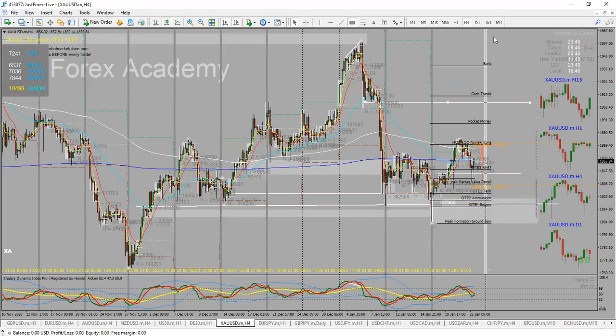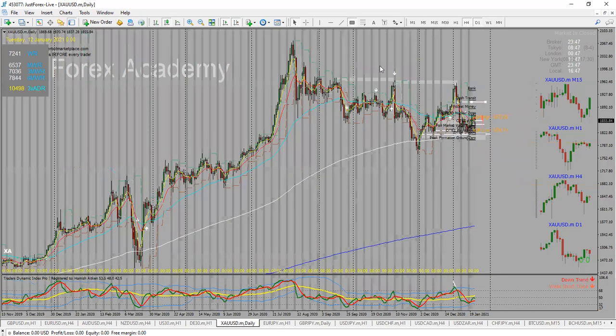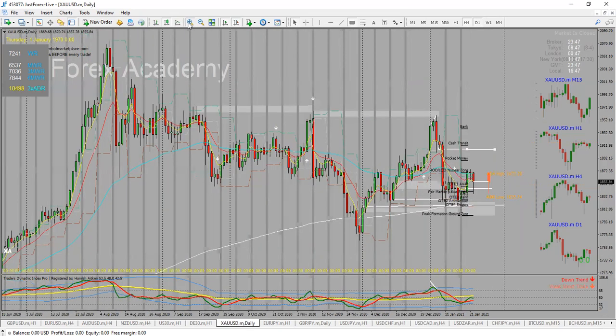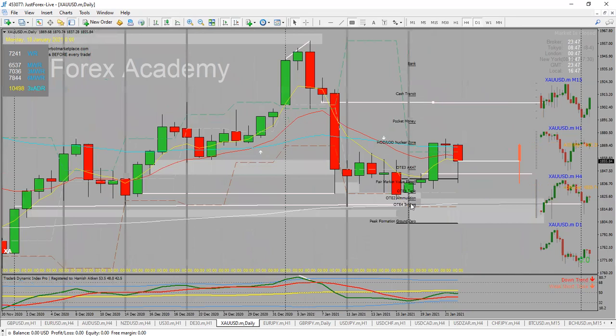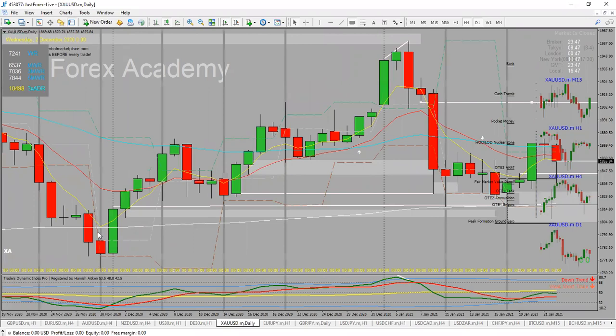So I'll be expecting the market to test the 50% of this candle. The 50% of this candle will be the flip zone of this swing low.